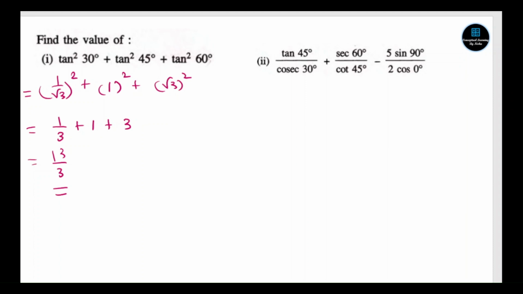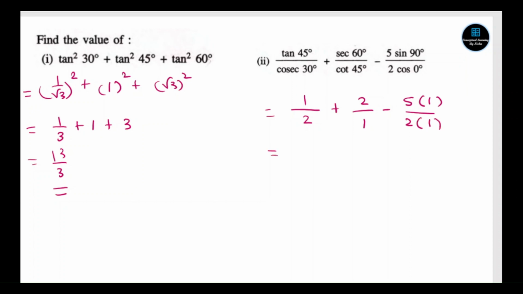Alright. Now tan 45 is 1, cosec 30 is 2, sec 60 is 2, over 1 minus 5 into sin 90 which is 1, 2 into cos 0 which is 1.